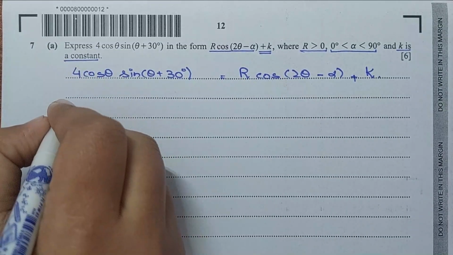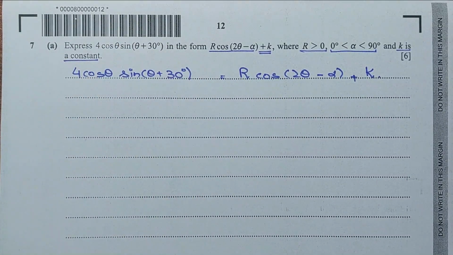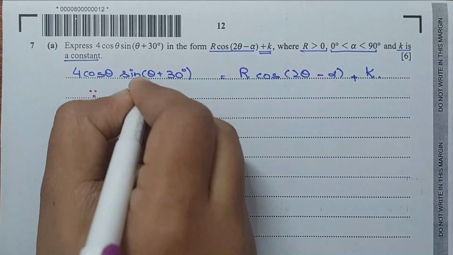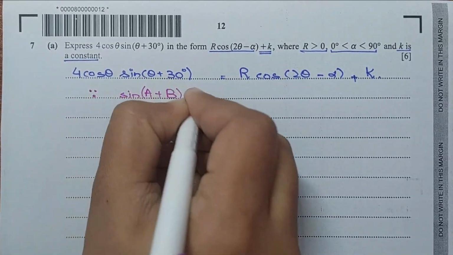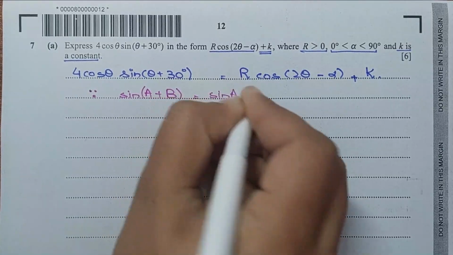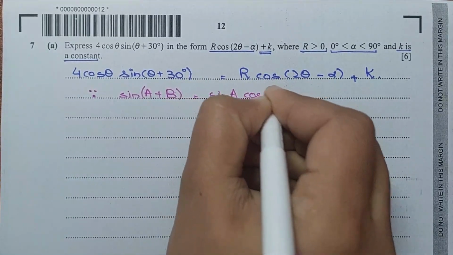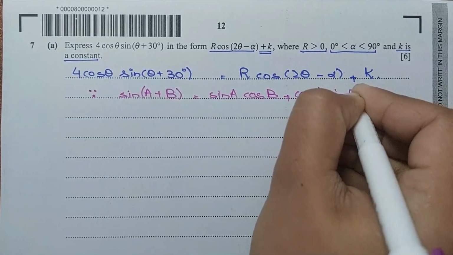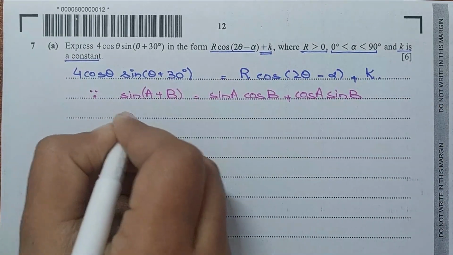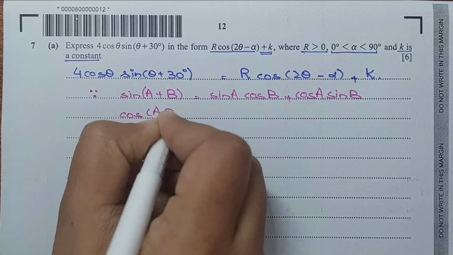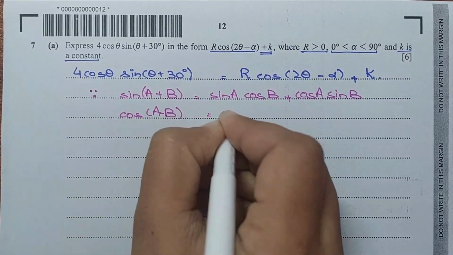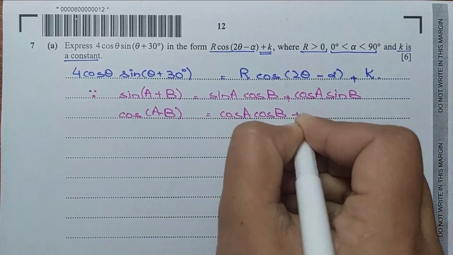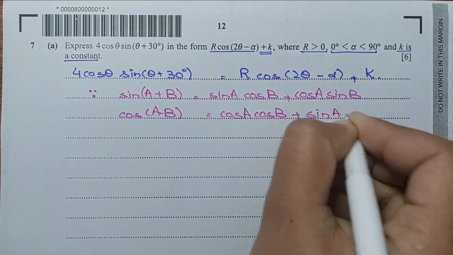Okay. So here we have to use the compound angle formula for sine(a plus b). Sine(a plus b) equals sine a cos b plus cos a sine b. And the compound angle formula for cos(a minus b) is cos a cos b plus sine a sine b.